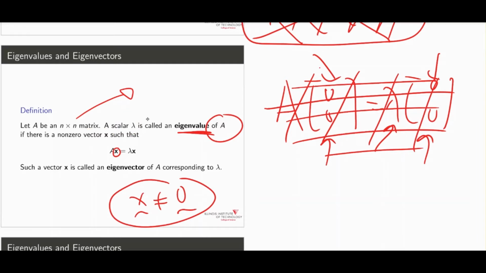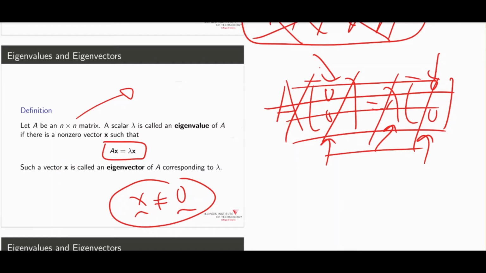So if you have a scalar, that scalar lambda is called an eigenvalue if you can find a vector x which is non-zero such that Ax is equal to lambda x. When you have Ax equal to lambda x, where lambda is a number, that lambda can be 0 though. That's a possibility. The only thing they don't want to be 0 is the vector.